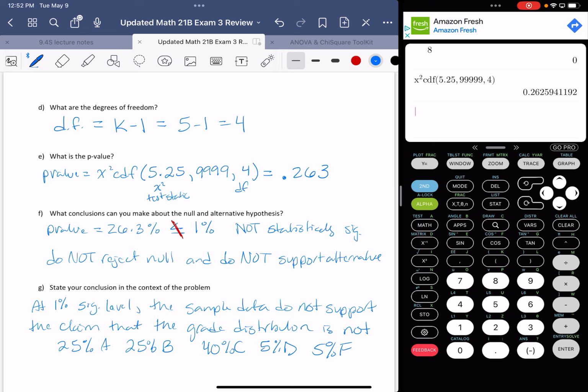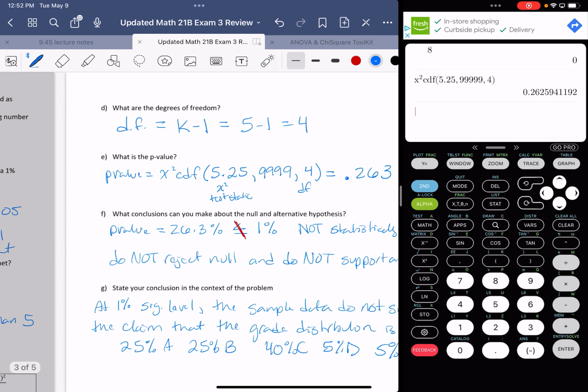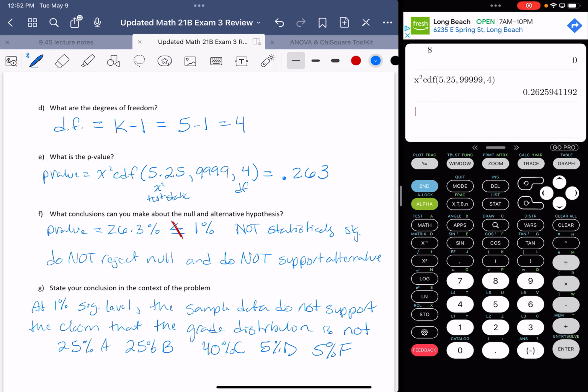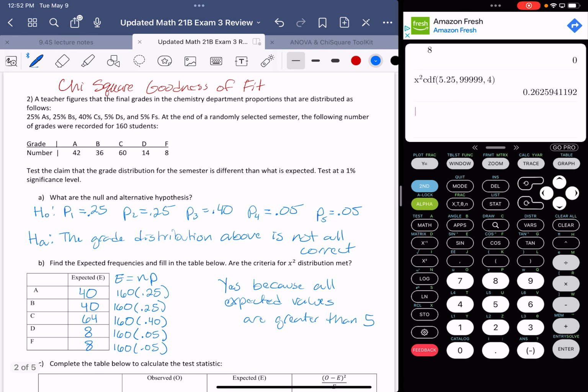And so, just to clarify, we have to be this specific? Yeah, be this specific, guys. It needs to be in the context of the problem. Because if all you say is the sample data do not support the claim that the grade distribution above is not all correct, well, what was that grade distribution?